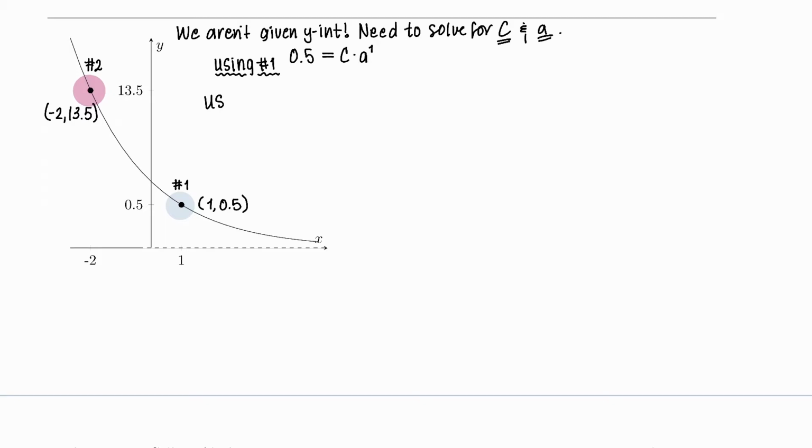And then using point 2, I get 13.5 is equal to c times a to the -2. So I'm going to need to somehow use this.